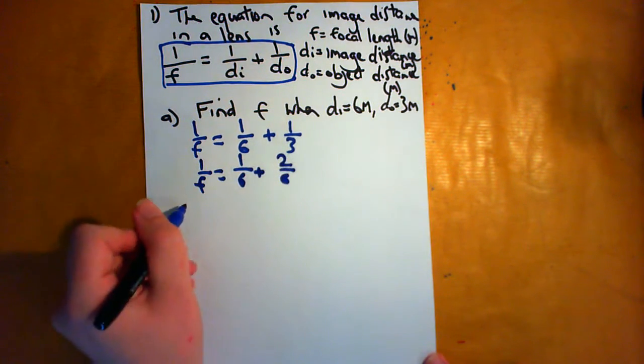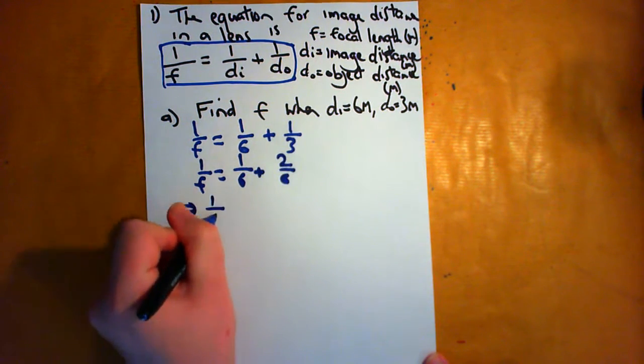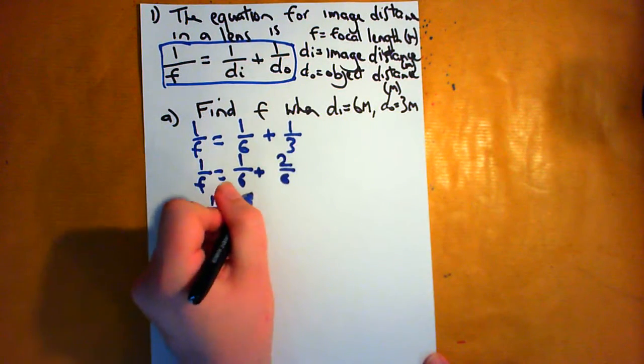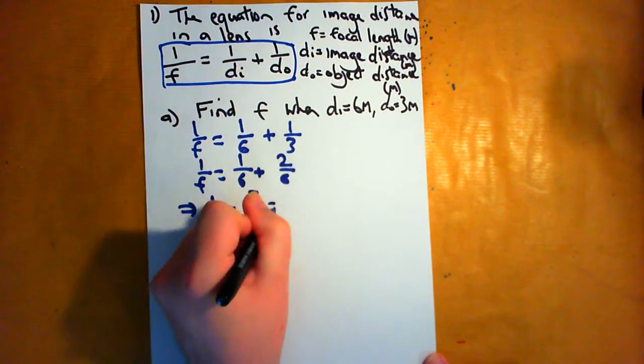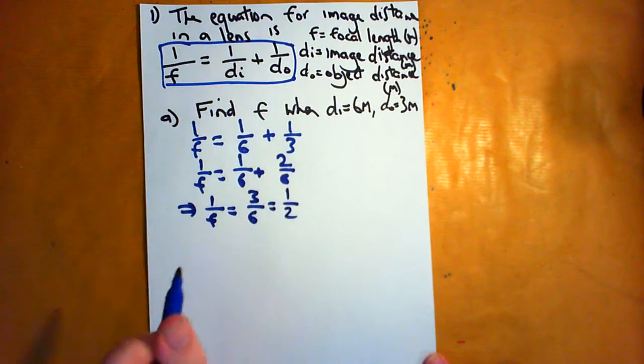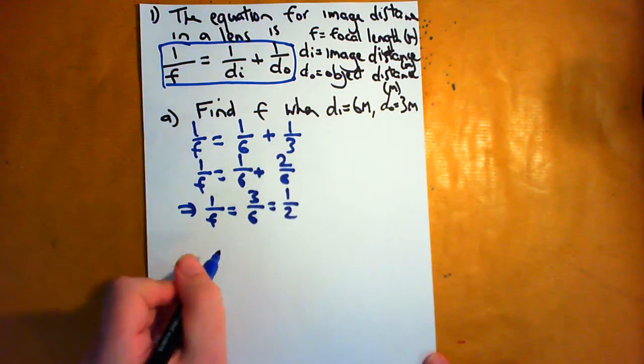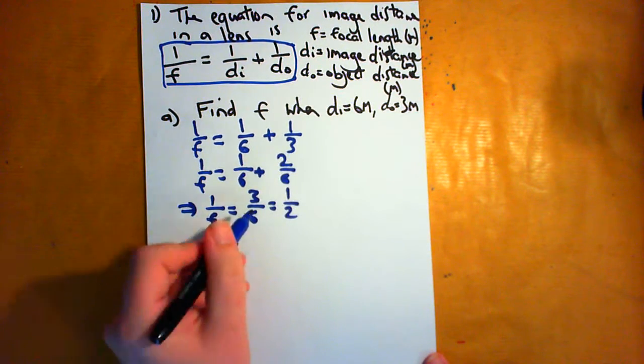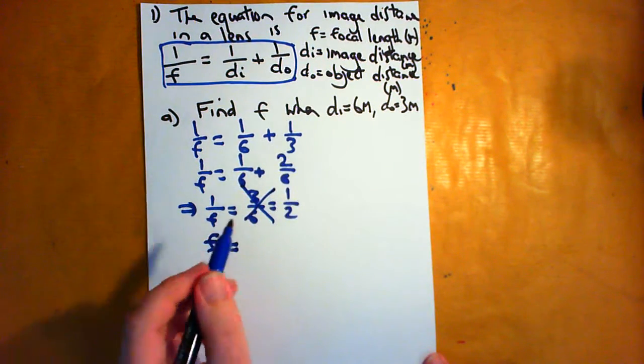So therefore, 1 over f equals 1 over 6 plus 2 over 6 gives you 3 over 6, which is a half. Now that we've got one fraction on each side of the equation, we can flip. Don't really need to worry about that middle bit for now.